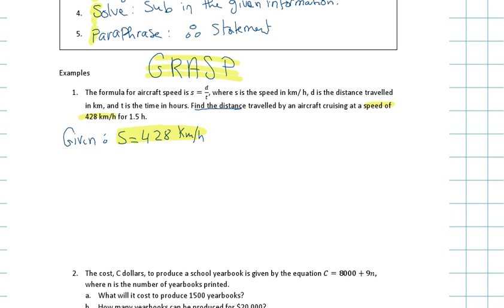What else is given? The amount of hours traveled. So time, right? And what letter does it represent? T. So T equals 1.5 hours.